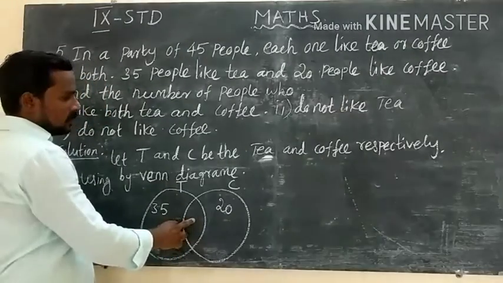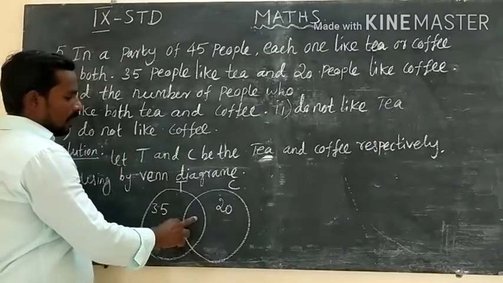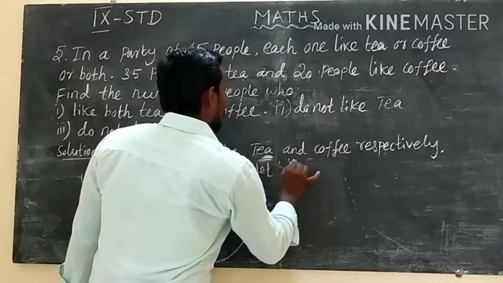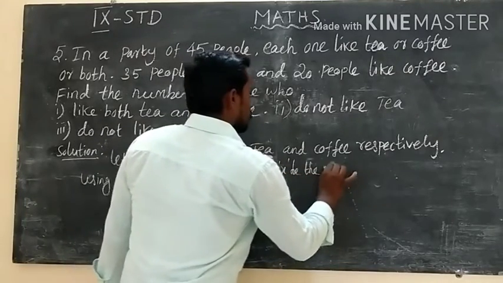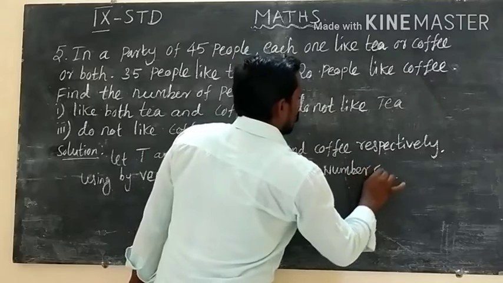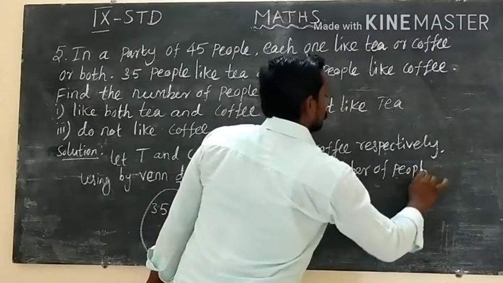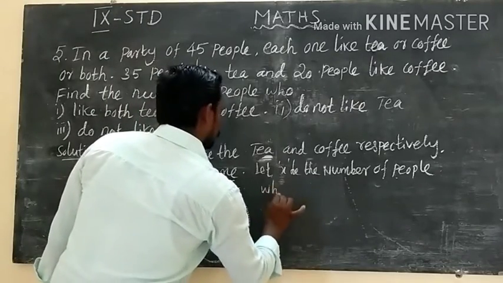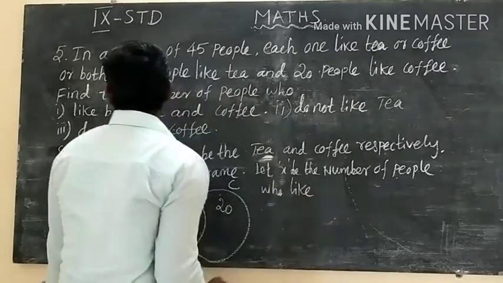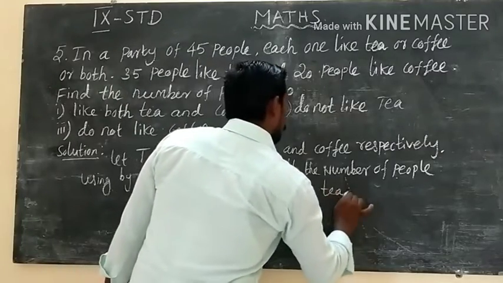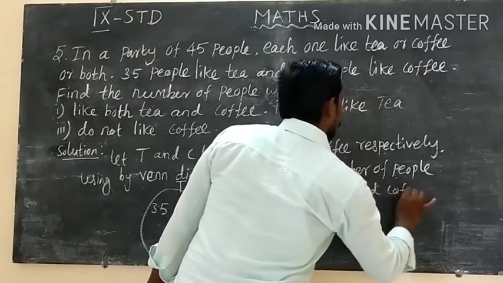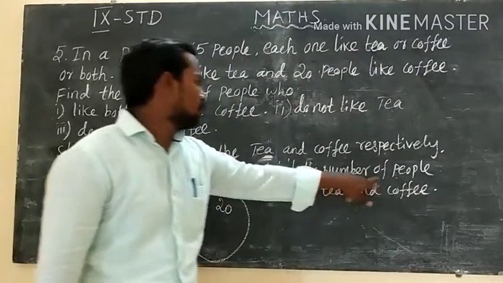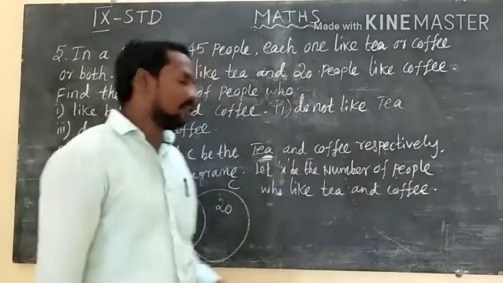Just assume this place is X. Let X be the number of people who like tea and coffee.